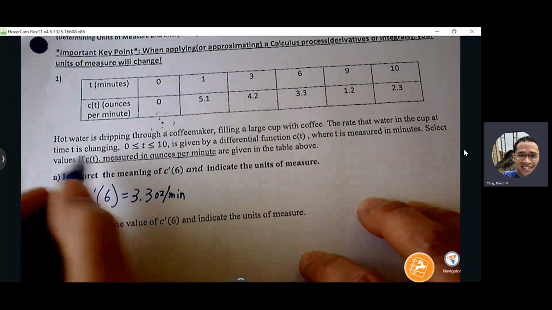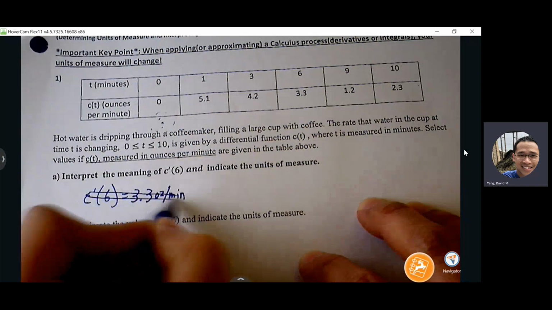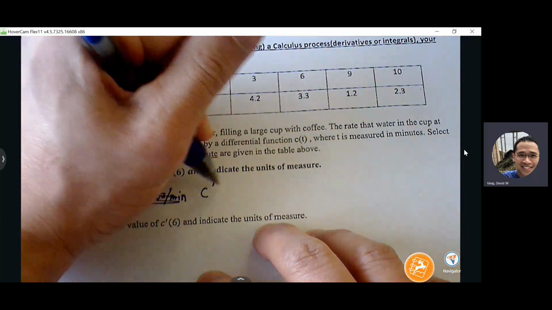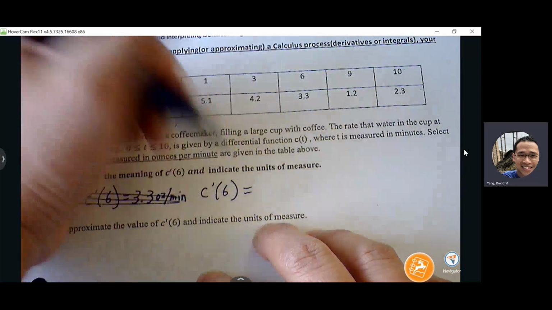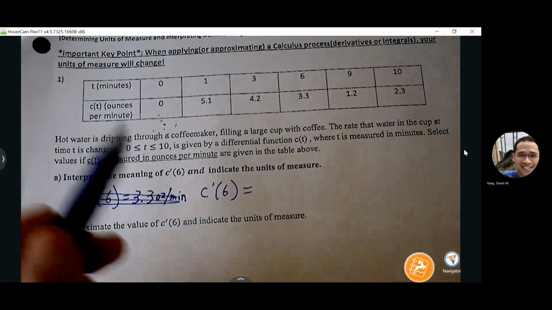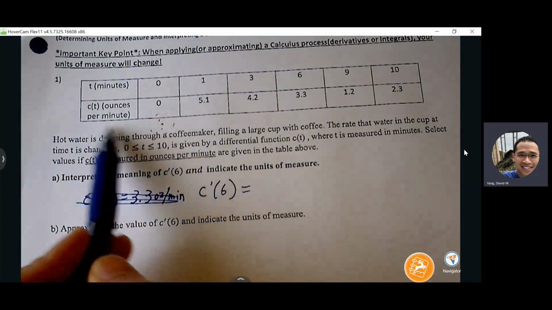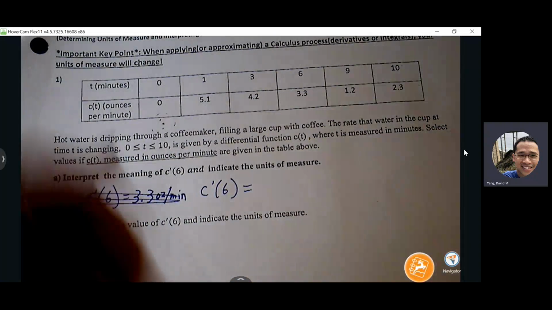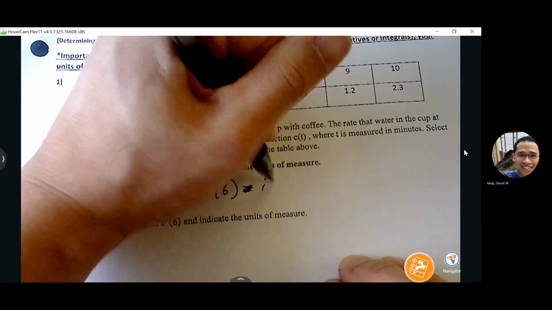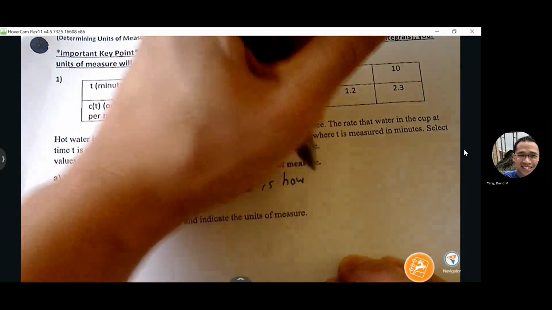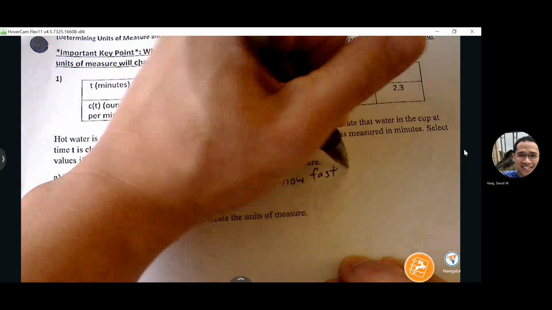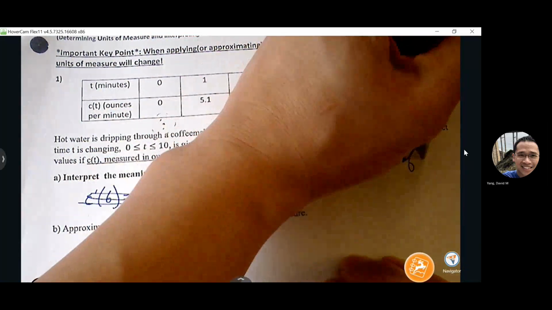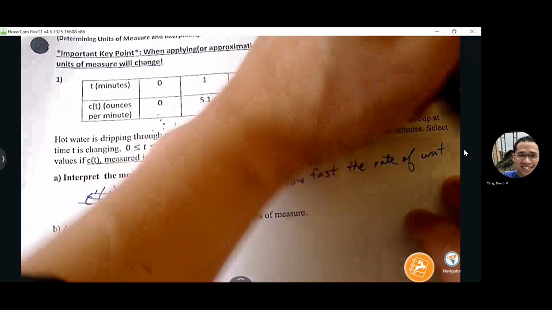I'm sorry, C of 6 is in ounces per minute. So C prime of 6 is going to be the rate of change of this. Okay, so what we can say is C prime of 6 tells us the rate is changing.